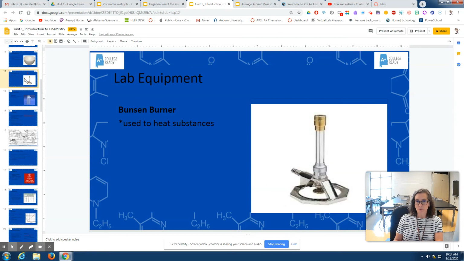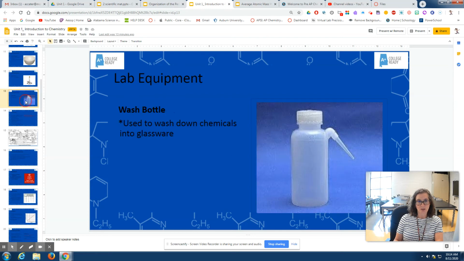Bunsen burner, this is what we use to heat things, and I'll show you when we get in the lab, we'll show you how to adjust this flame to get the best flame for your Bunsen burner. This is a wash bottle. We just wash down chemicals, rinse things off with those.